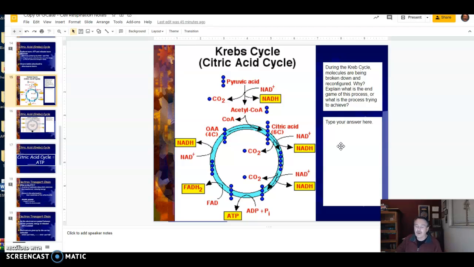And what's left over then is used to manufacture a couple of ATP molecules. Okay, so it's like three different things that it's being used for.